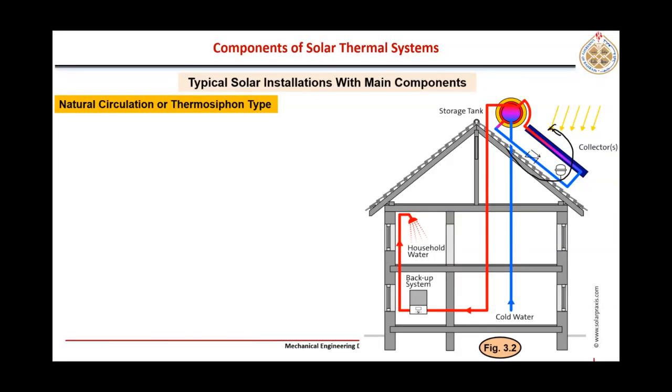So there could be an issue of overheating if you are not using that hot water during the daytime and there is a clear sky. Then the fluid may overheat, and when the fluid starts to overheat, it will start to damage the materials of construction, right? So that could be one disadvantage, right?